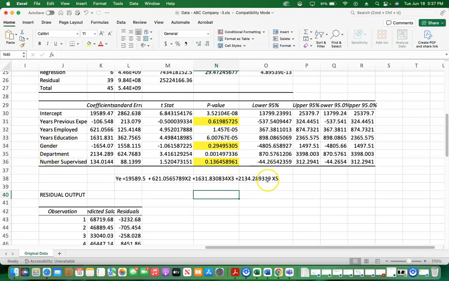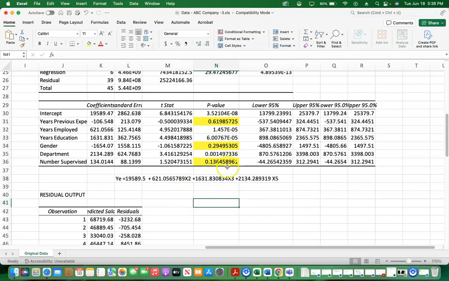So it all depends on which department you're working at. Moving from one department to another, that's one move, will add this amount to your salary when you hold other factors constant. So that's how we can explain the outcome of our multiple regression analysis.